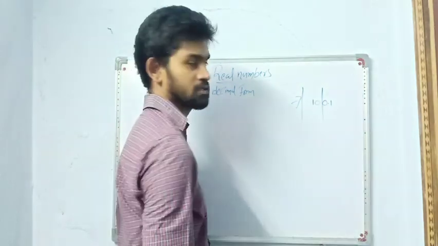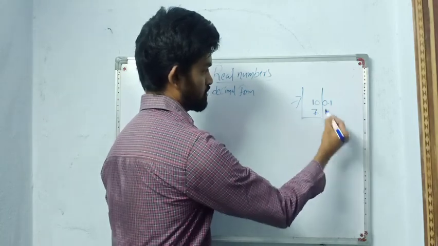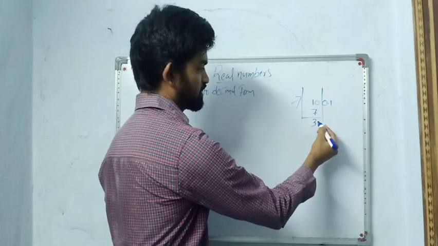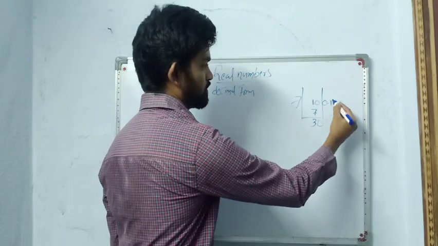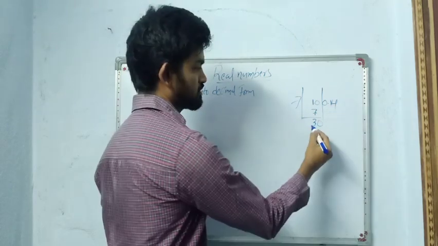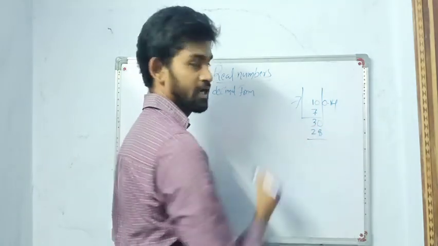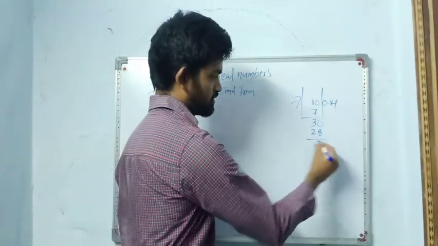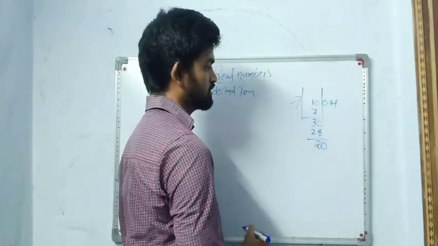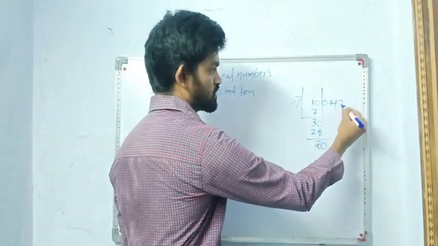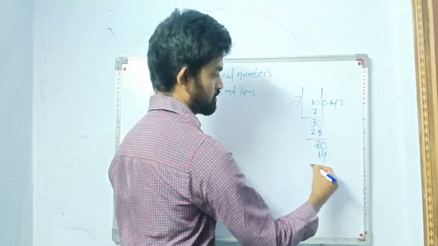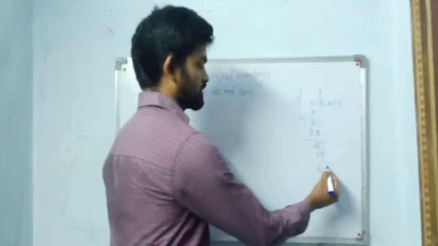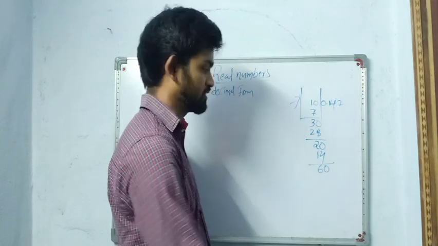How many times does 7 go into 10? Once. Remainder 3, again a 0 carries here. 7 fours are 28, remainder 2. Again you take 0 because of the decimal point. Now 7 twos are 14, remainder is 6, again take 0 here.